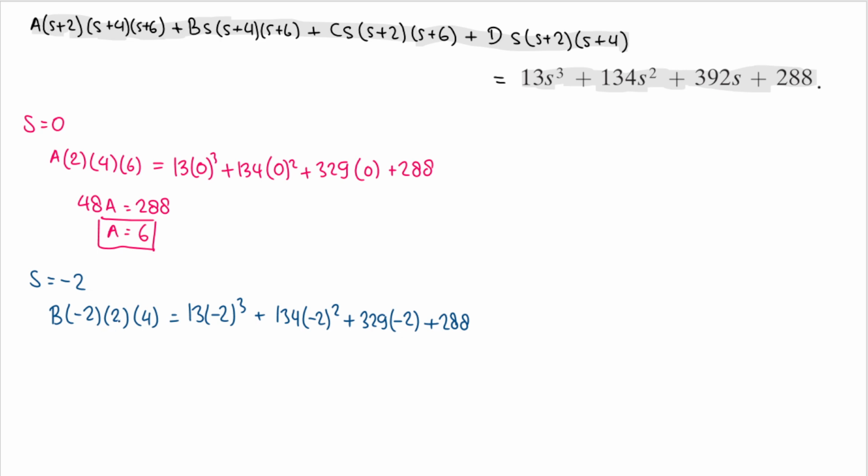Okay, we will have 16 multiplied by -2. We will have -32b.